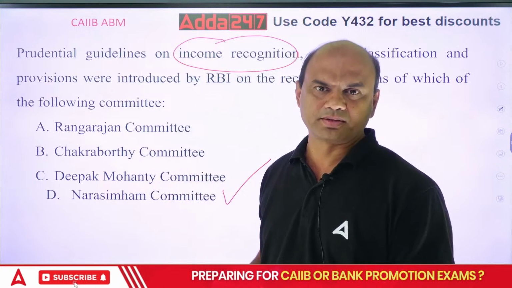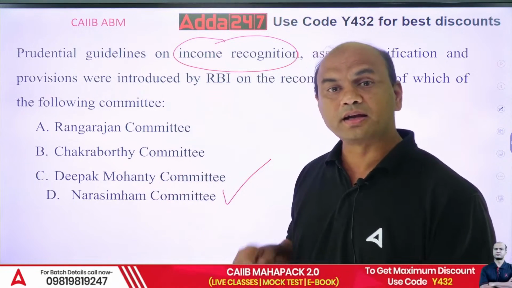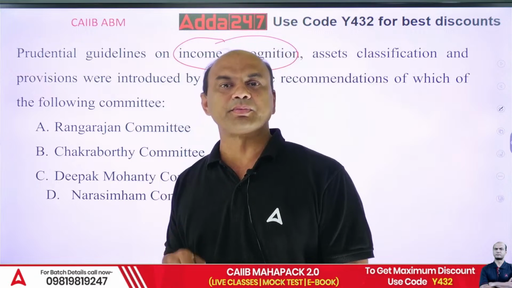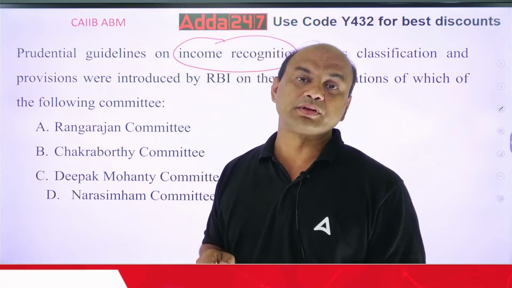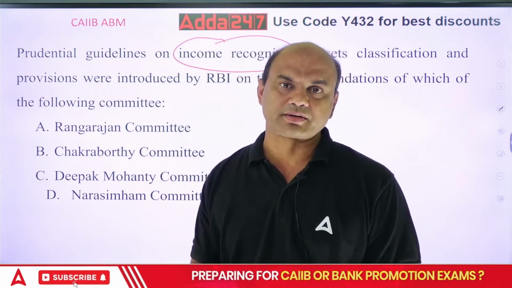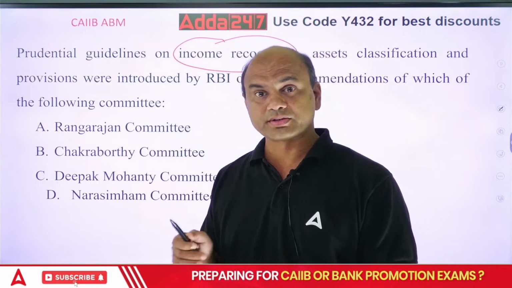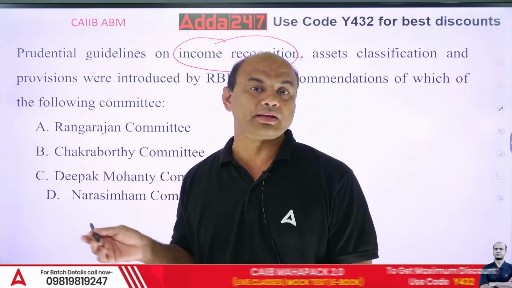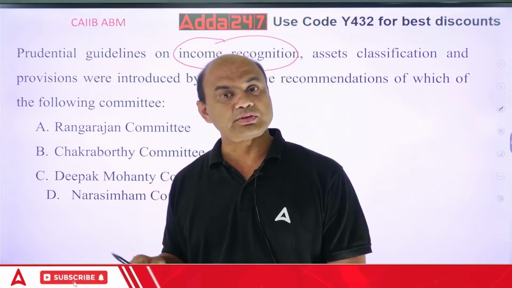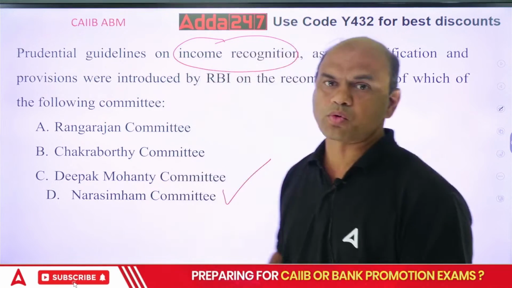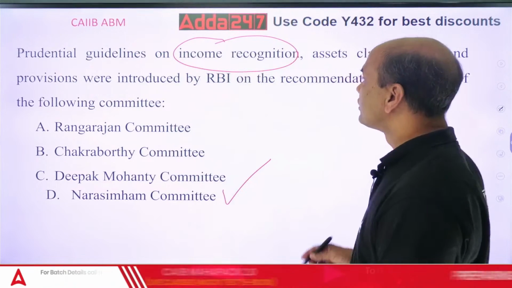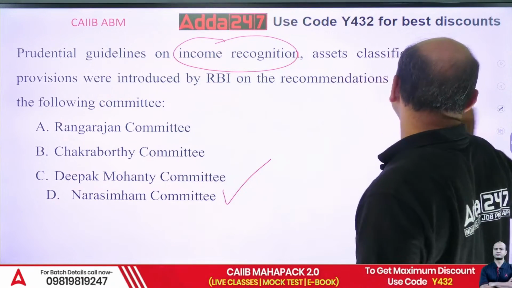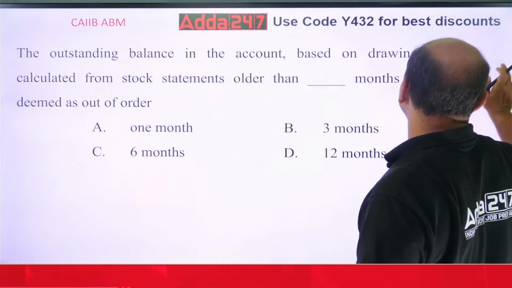Then in 1998, again a Narsimham committee was set up and it gave freedom to the insurance sector. Major changes in the insurance sector, airlines were made in 1998, and that was given by the Narsimham committee too. So all these guidelines were brought because of this Narsimham committee.